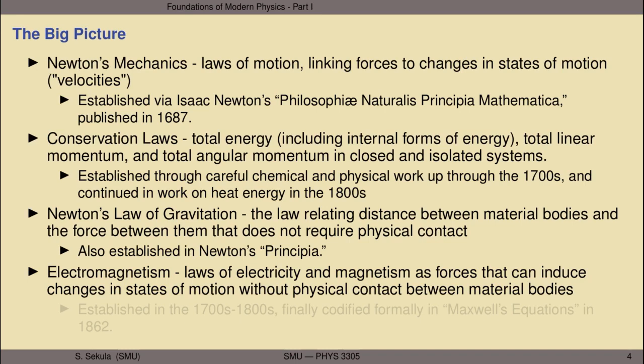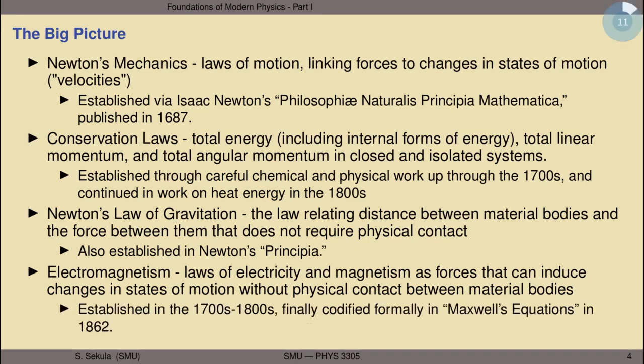Electric forces and magnetic forces can operate even if there's no medium between the two bodies that are interacting with each other via these forces. They were established in the 1700s to 1800s, and they were finally codified formally in 4 equations known as Maxwell's equations in 1862.